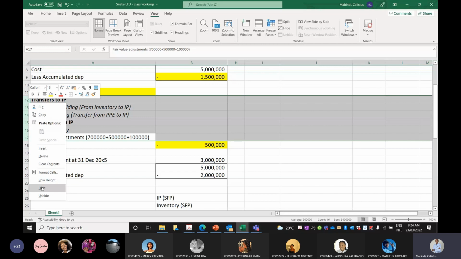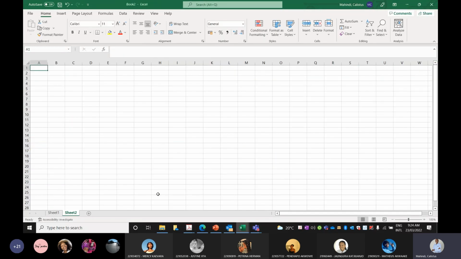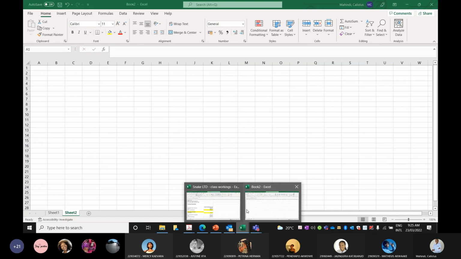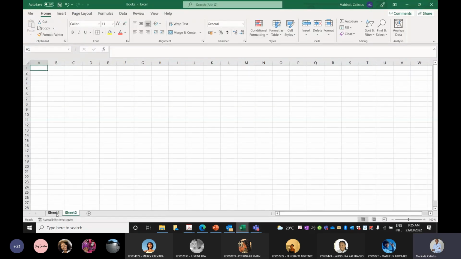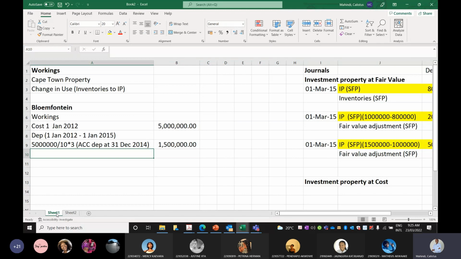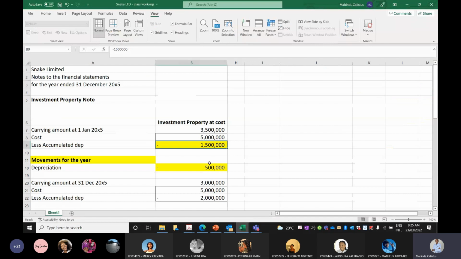We calculated our accumulated depreciation in our workings and got to an amount of accumulated depreciation of 1.5 million. So your 5 million cost minus accumulated depreciation of 1.5 million, we arrive at a carrying amount of 3.5 million on 1st of January 20x5.